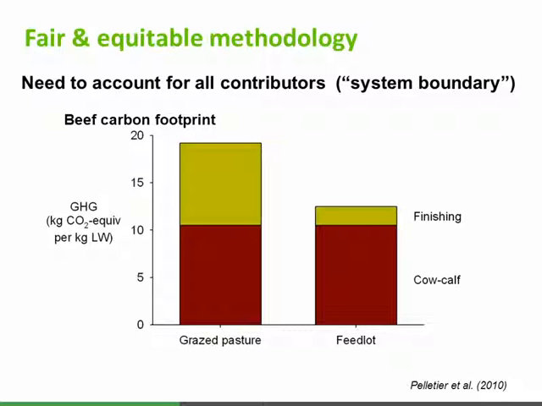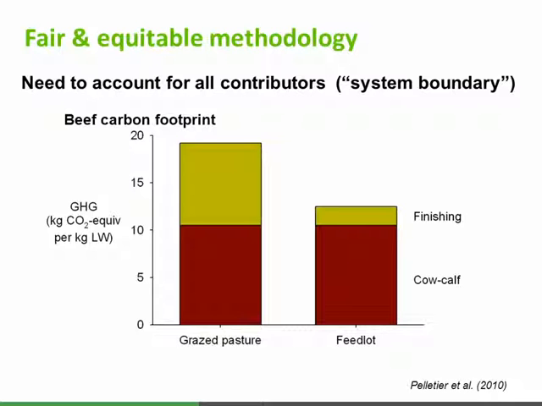And I'll just use one example here about the importance of accounting for all of the contributors to a product. And I've used, in this case, the beef carbon footprint and some work done in North America by Pelletier and his colleagues. So here we've got greenhouse gases on the y-axis, two different systems, a grazed pasture system compared to a feedlot system. The first stage in brown there is similar for both of them, and then after that we see the finishing component of it.